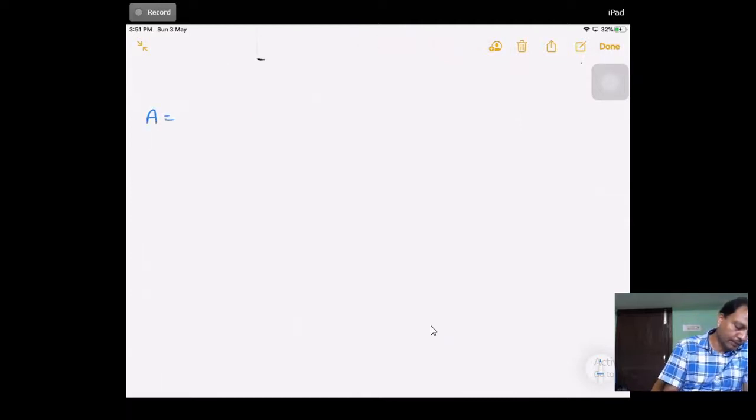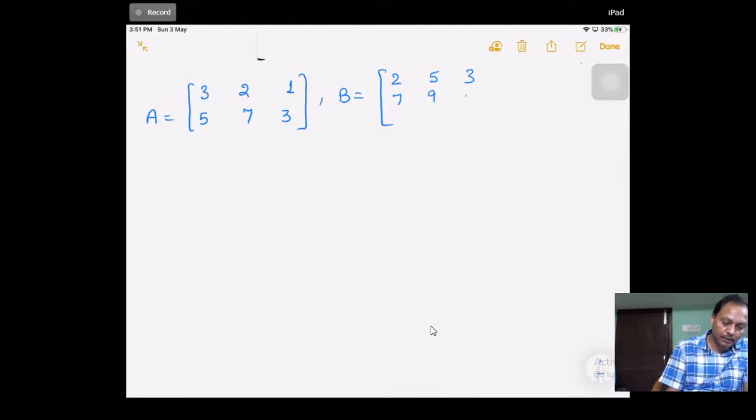Taking a matrix A like 3, 2, 1, 5, 7, 3. Another matrix B is 2, 5, 3, 7, 9, 8, 2, 1, 6.